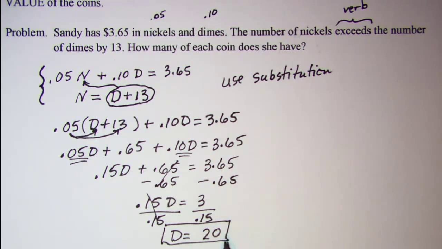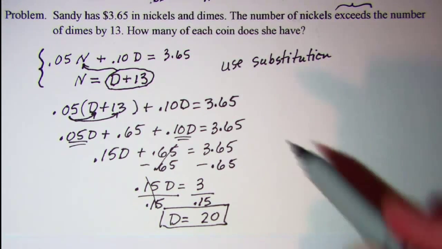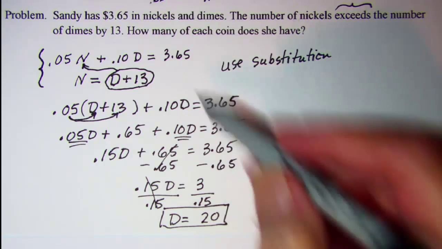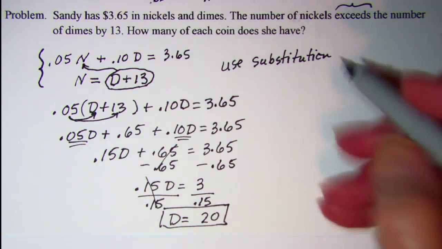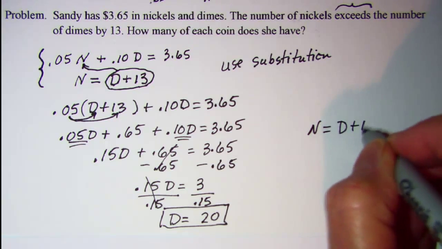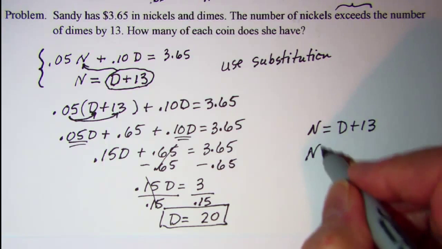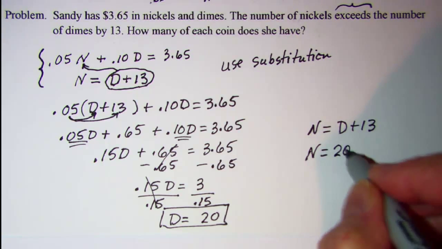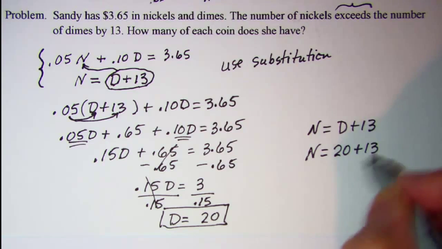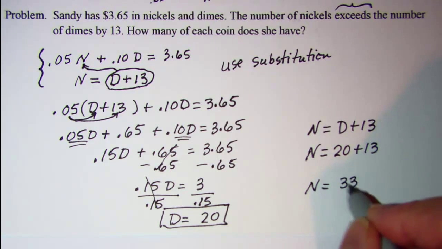So I have 20 dimes. And I can put this back into this equation. n equals d plus 13. d is 20, so n is equal to 20 plus 13. And my nickels are 33.